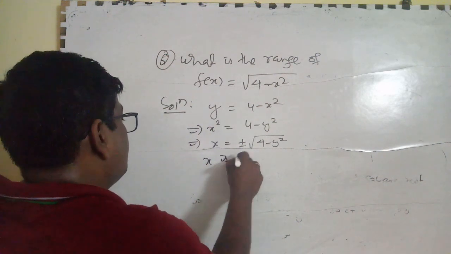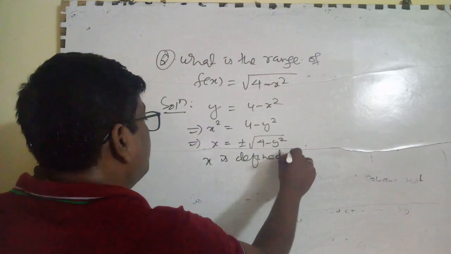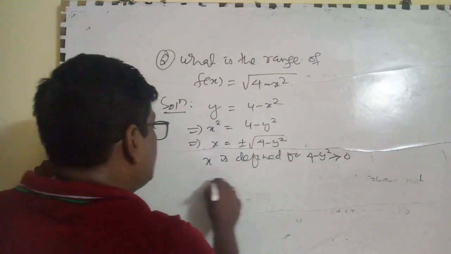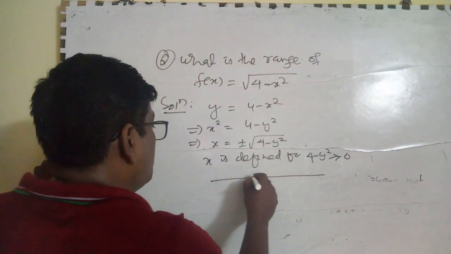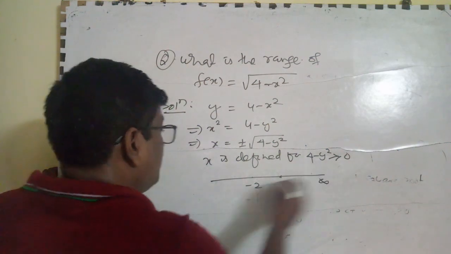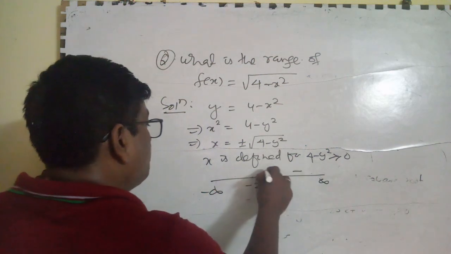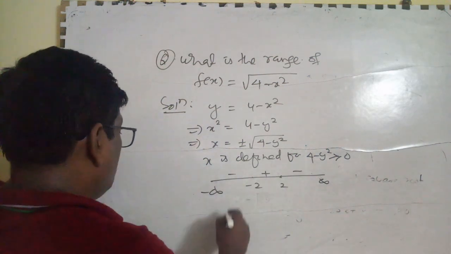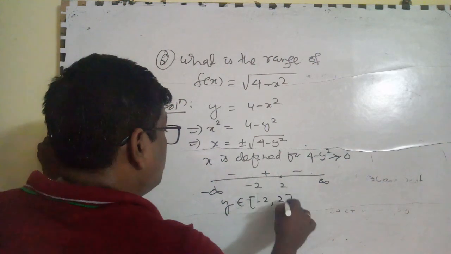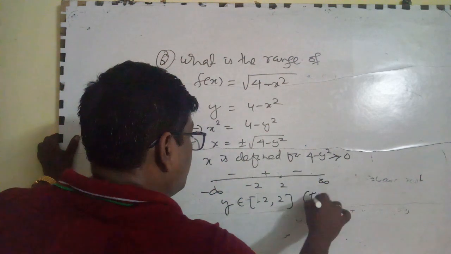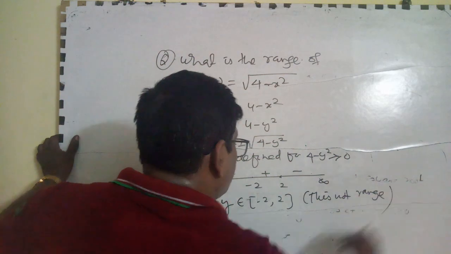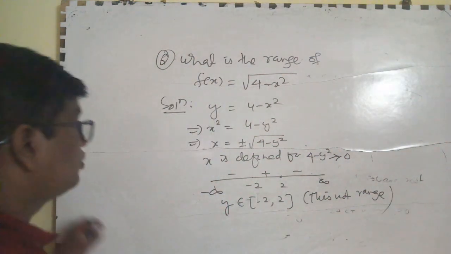x is defined for 4 minus y square greater than or equal to 0. That implies minus 2 to plus 2. Sign rule is minus, plus, minus between minus infinity and infinity. y belongs to minus 2 to plus 2. This is not the range. Why is this not the range?